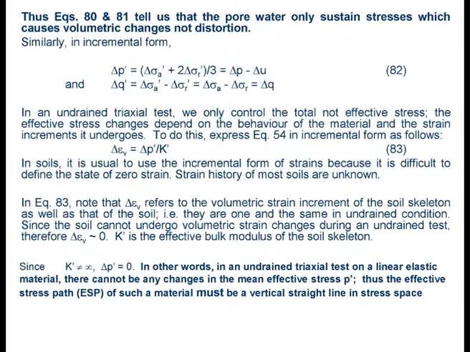And as a result, because volumetric strain increment is directly related to change in P dash, if there's no volumetric strain increment, which is the basic thing about undrained condition, there cannot be a change in P dash. Simple. You don't have to worry about what the total stress path is. I can give you 101 different total stress paths. There's only one effective stress path. That's a vertical straight line. Is that alright?